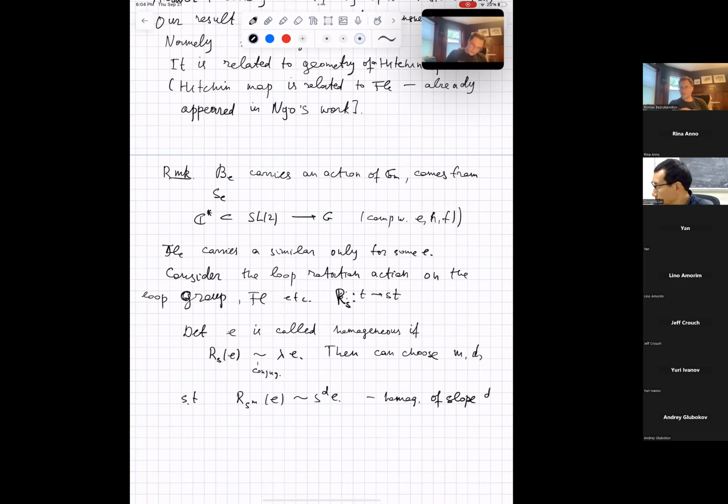So it's something you can express in terms of the equality of characteristic polynomials of this matrix.